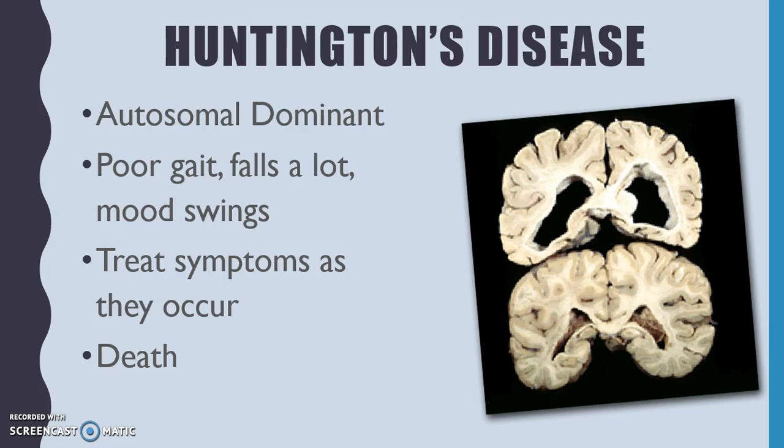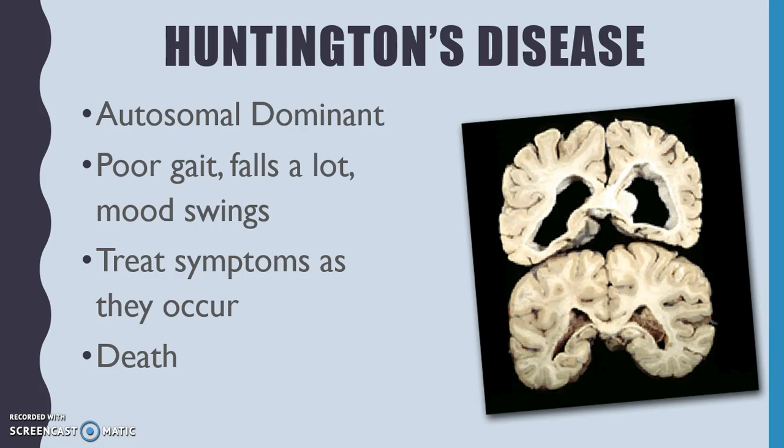If you have mood swings, maybe they'll give you a medicine like Prilosec or something that affects your mood, but you cannot fix the loss of brain tissue. And so ultimately, Huntington's disease will result in death. And usually it's much earlier than the average individual.